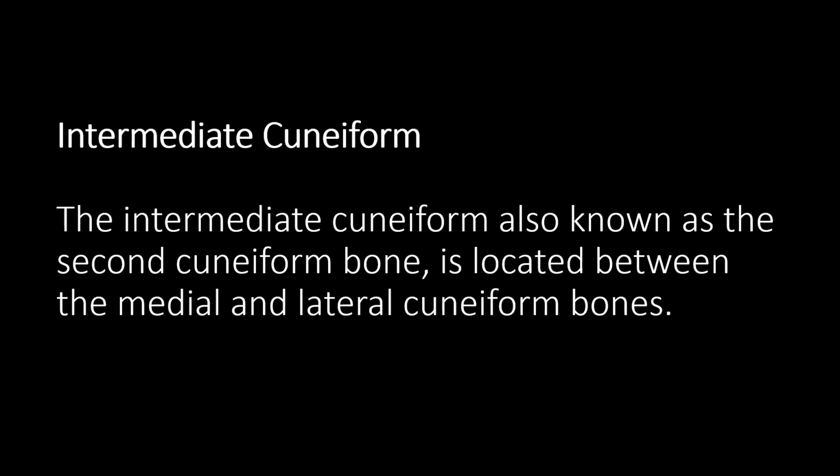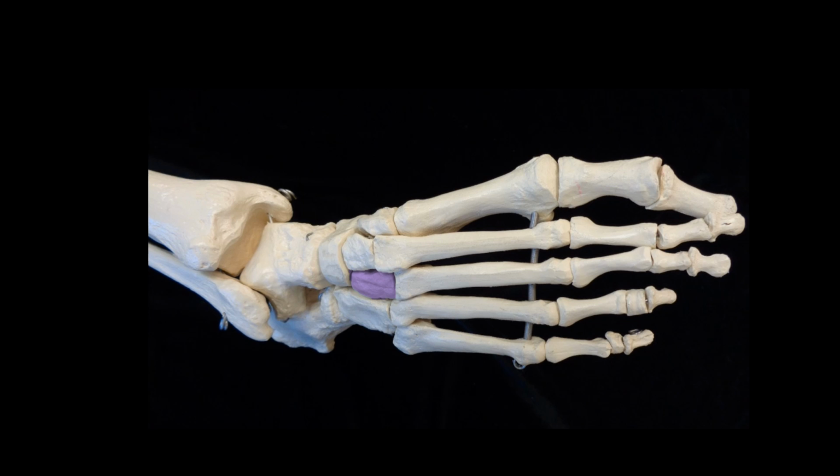Intermediate cuneiform. The intermediate cuneiform, also known as the second cuneiform bone, is located between the medial and lateral cuneiform bones. Name this anatomical area.